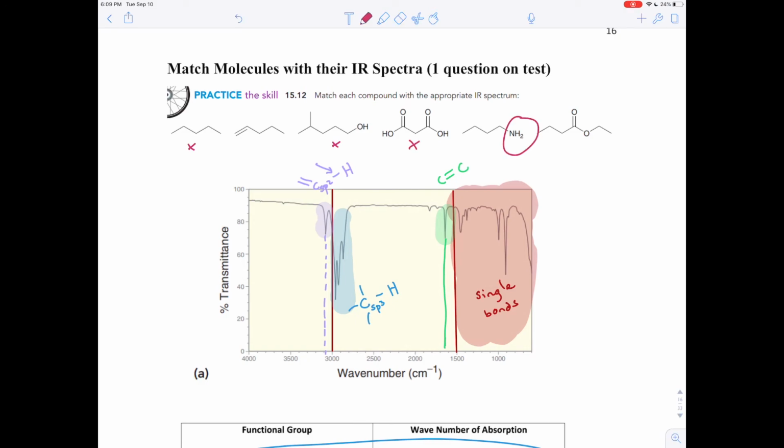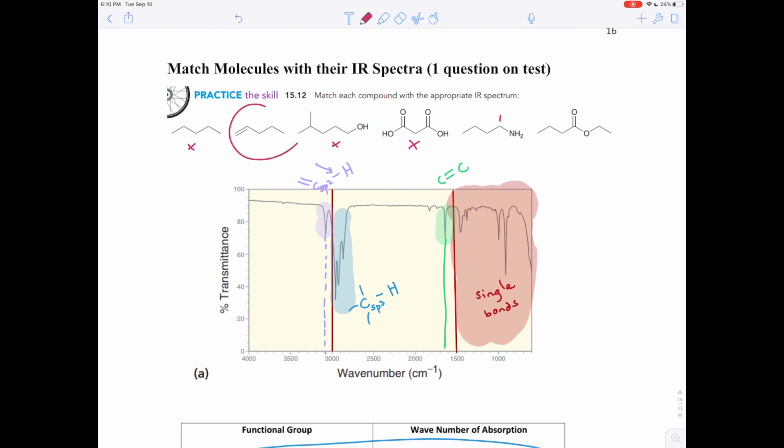Not this, this has the amine, and this is a primary amine, it's only bonded to one carbon, so it would have that sort of shallow absorption with the two bumps at the end, one for each of the hydrogens, between 3300 and 3500. And this is an ester at the far right, so that would have an absorption around 1715, a sharp one that would go down. So we don't have any of those.